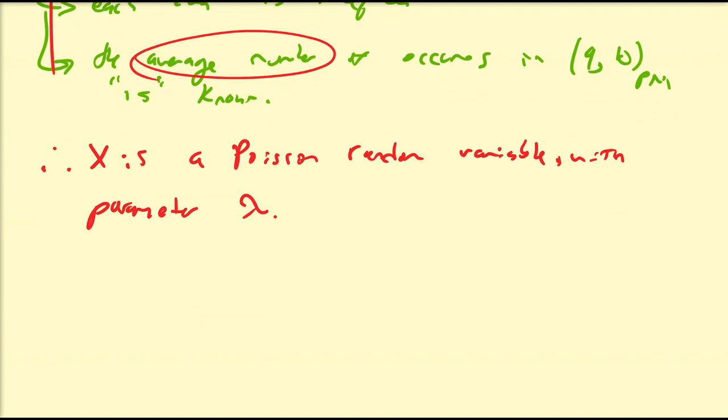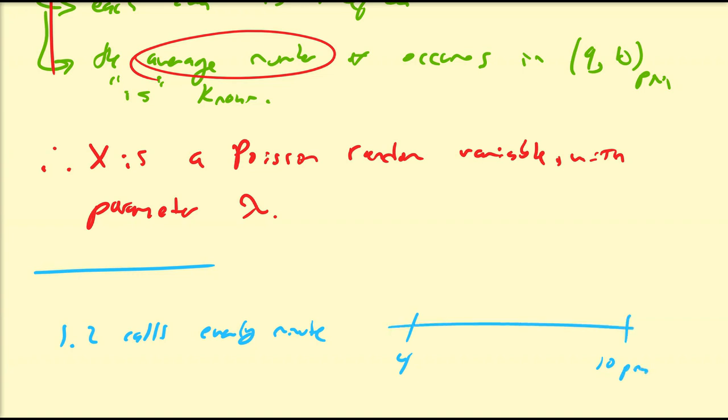So it says that on average there are 1.2 calls every minute. And it also says that these calls are uniformly distributed from 4 o'clock p.m. to 10 o'clock p.m. So we can partition this block up into the particular region we want.